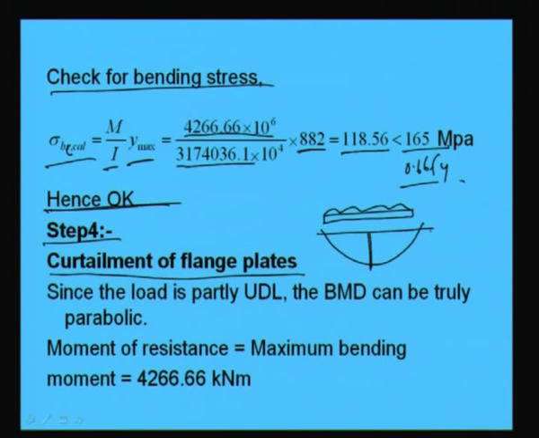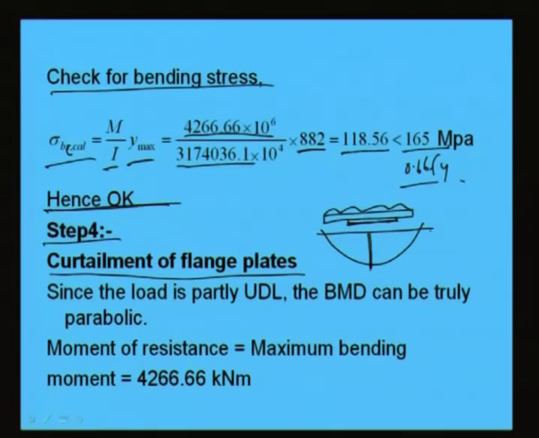So, we can provide larger section near the center and smaller section near the support, because near support the moment is going to be less and at support it will be 0. So, to take advantage of the nature of the developed moment, we can curtail the plates at a certain distance, right. So, that we can do.